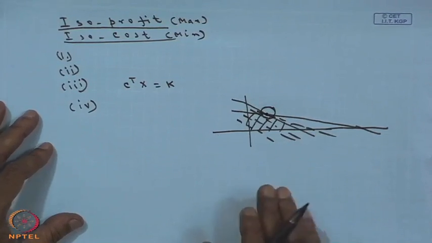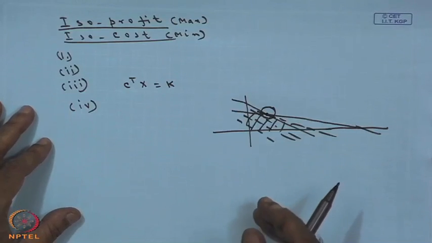So the basic difference is you are generating one profit line for the objective function of the form C transpose x equals k, and for the profit maximization problem you are moving it away from origin, parallel to the original ISO profit line, moving it further till it reaches at least one or more than one point.